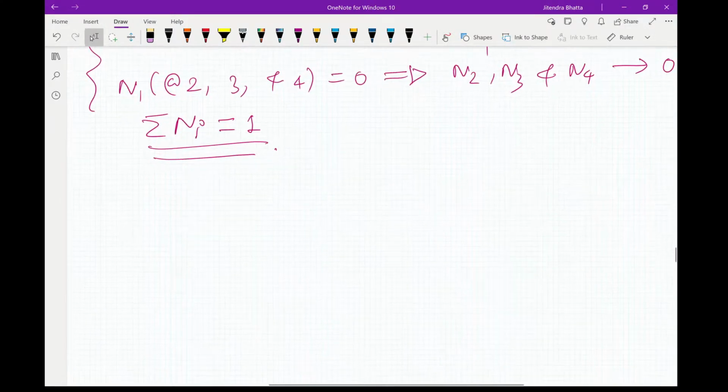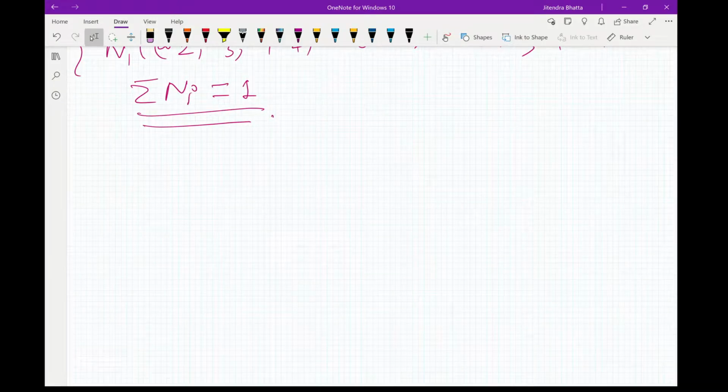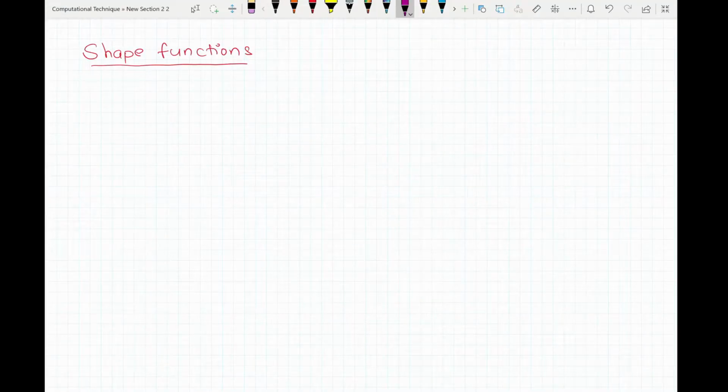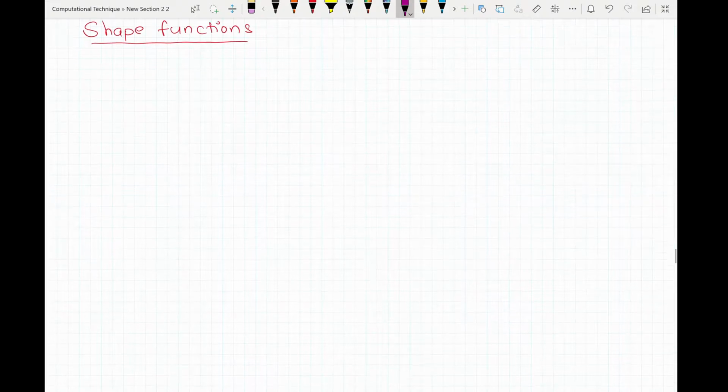Now today we are going to look further into the shape functions, look into detail on the shape functions and understand how we can obtain the shape functions geometrically or just by looking at them. Let's understand more about the shape functions.